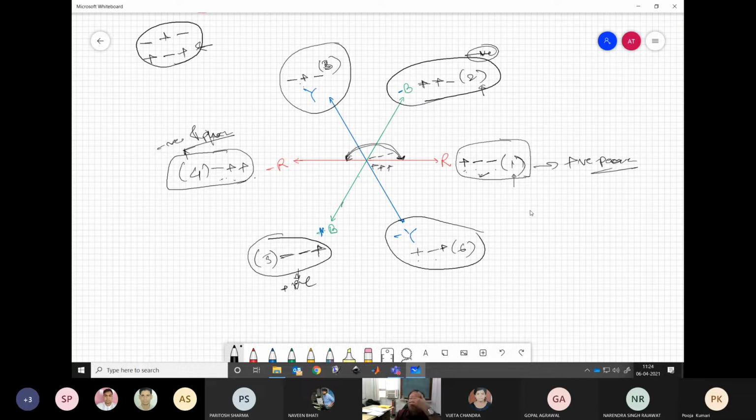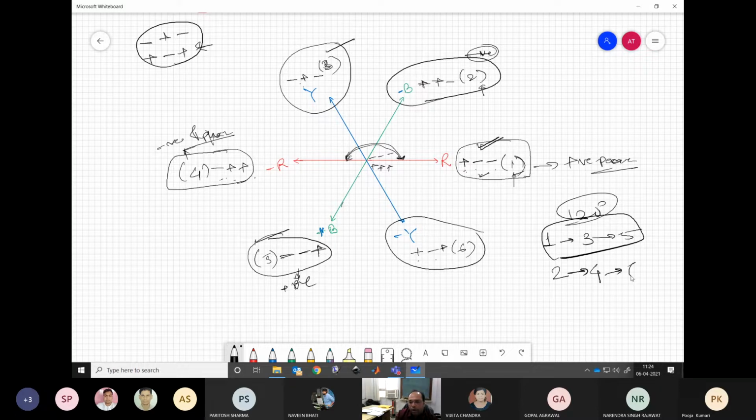This is one observation. The second observation is that vectors 1, 3 and 5 are 120 degrees apart from each other. Similarly, we have 2, 4 and 6, which are also 120 degrees apart from each other.